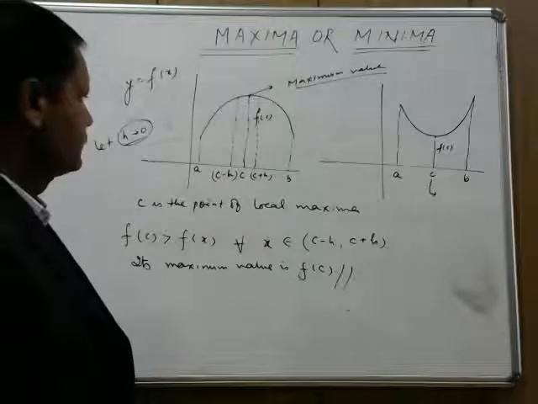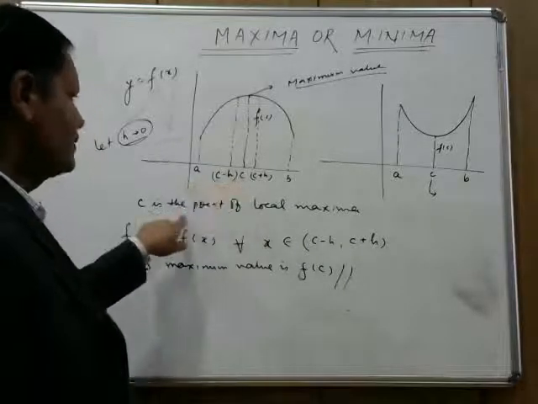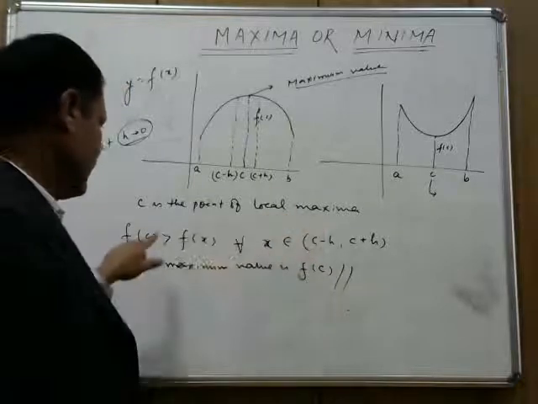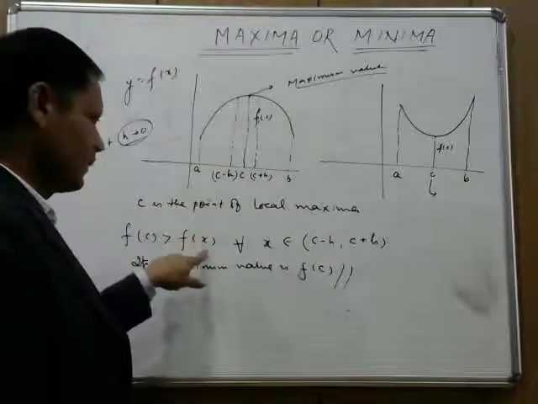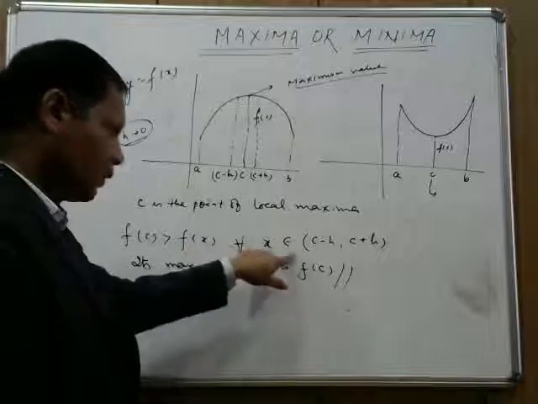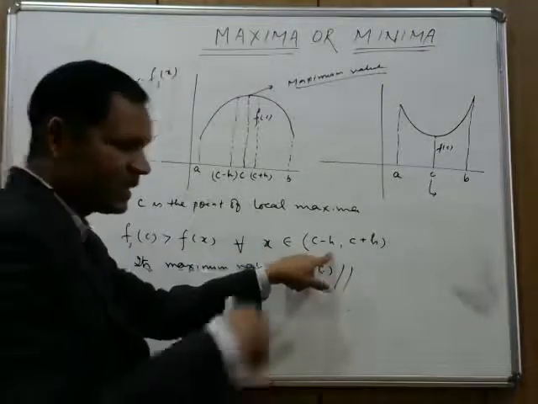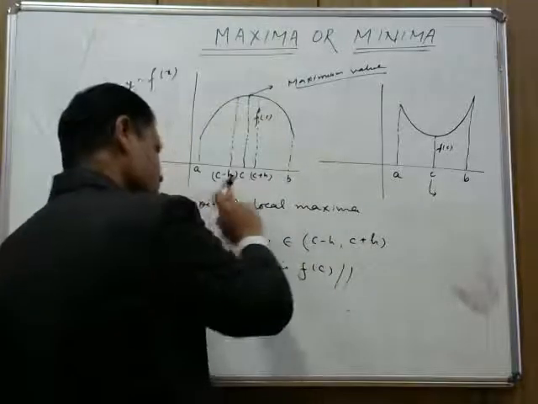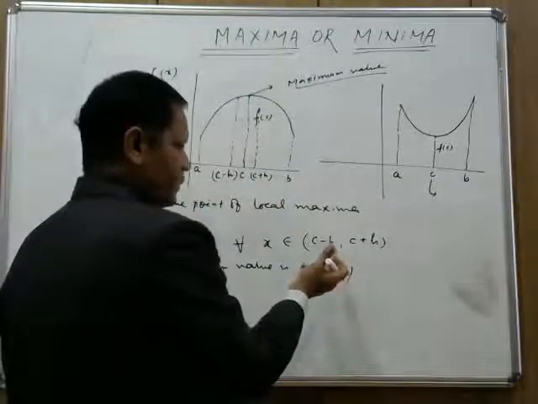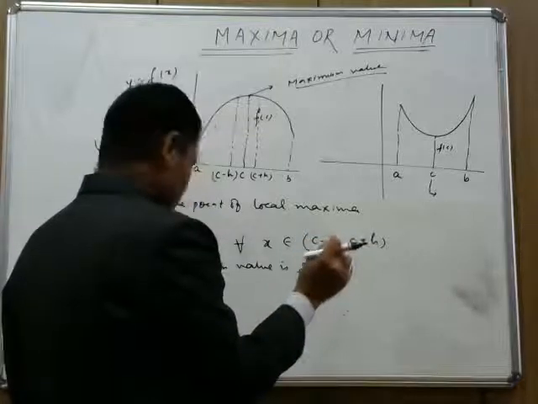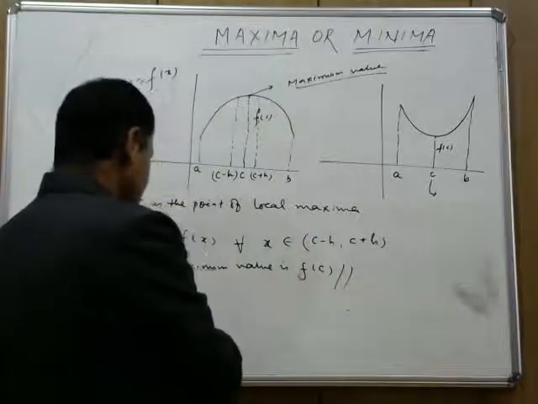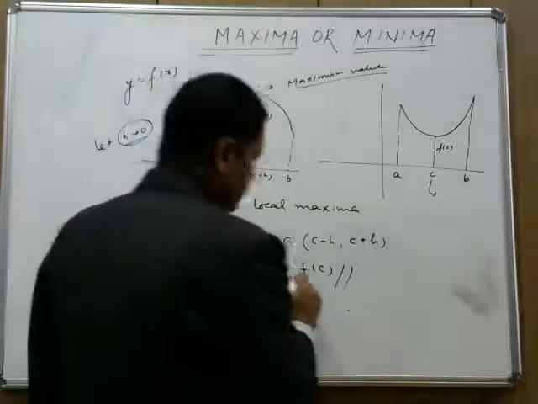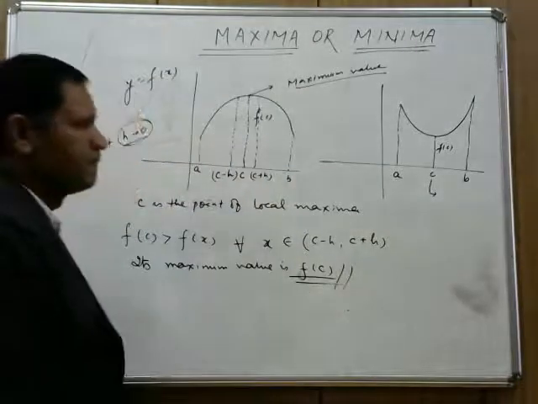Locally I am talking about, just before c and just after c, where h is very small. Then c is the point of local maxima and its maximum value is f of c.